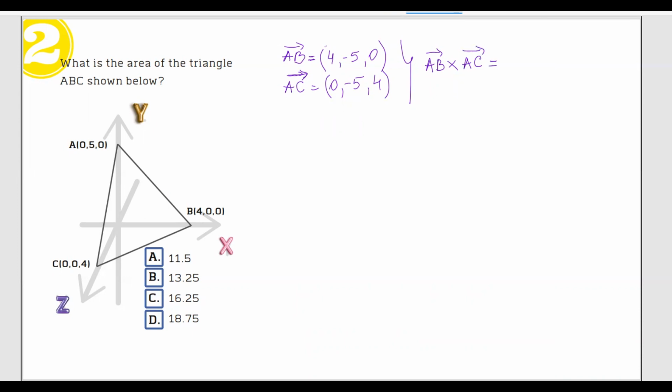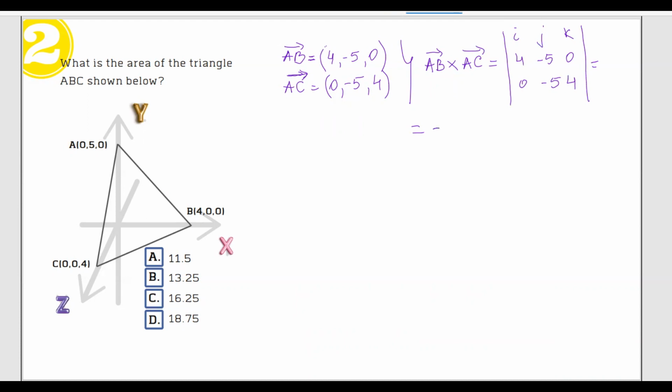And this is going to look like this. We're going to build our matrix with the I, J, K first row. Second row comes AB, 4, minus 5, 0. AC, 0, minus 5, 4. And let's calculate the determinant.